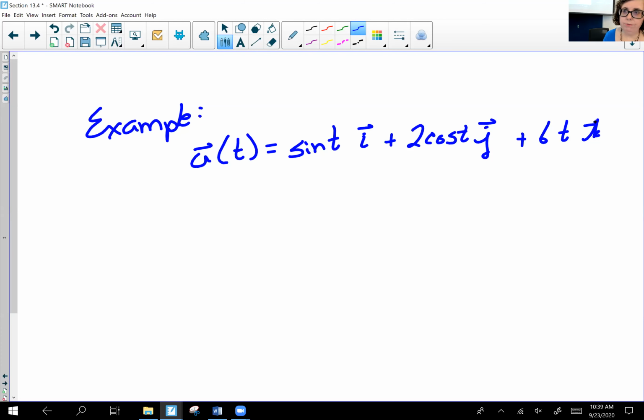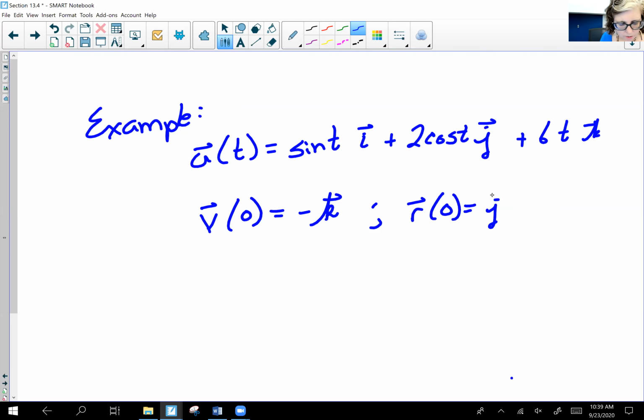And then we're given the following information. When t is 0, v is negative k. And the other piece of information we're given is when t is 0, r is j minus 4k.